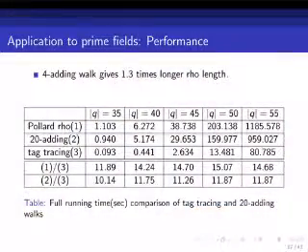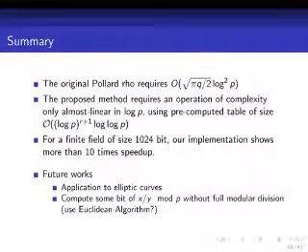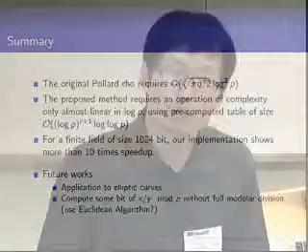And then when we apply it to Pollard's rho, the comparison shows at least 10 times faster than the original Pollard rho. So just as a summary, for a finite field of size 1000 bits, our implementation shows more than 10 times speeding up.